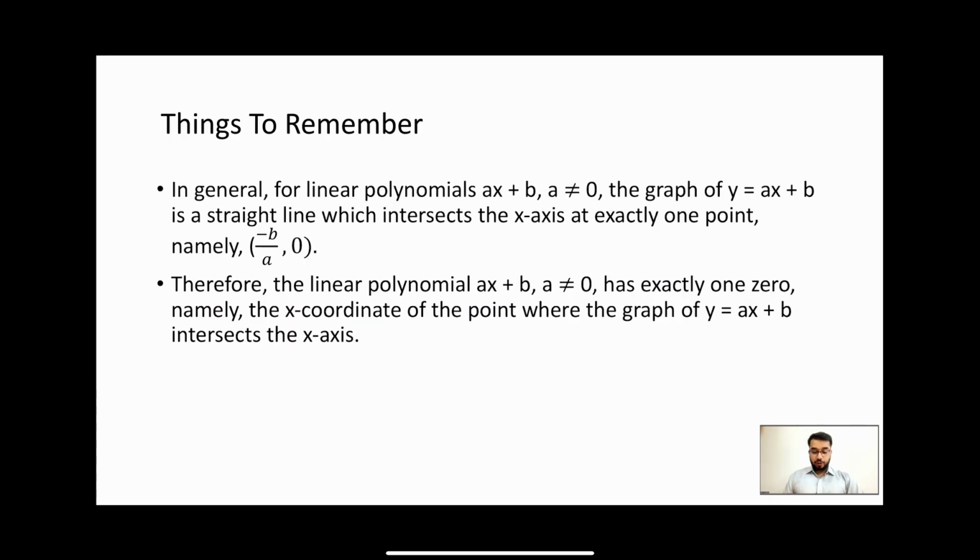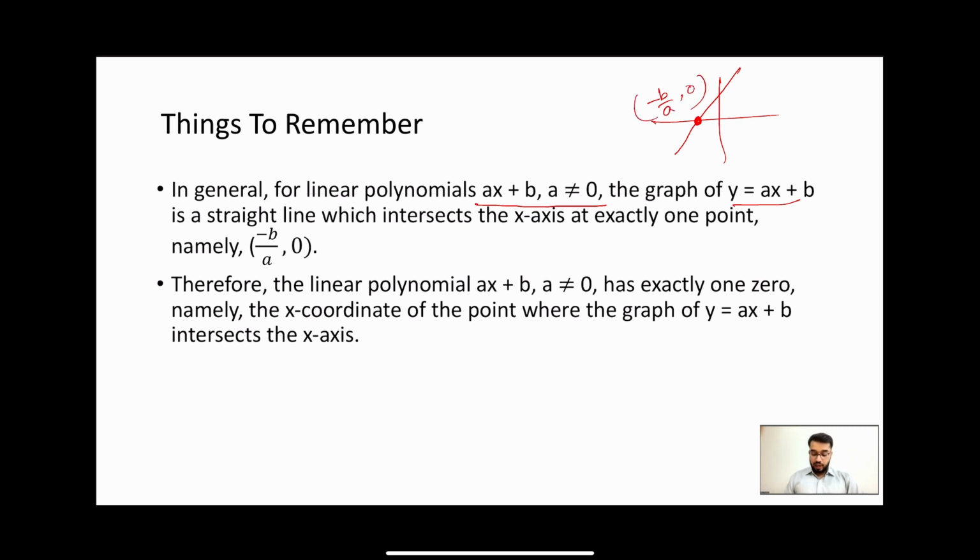So, zeros of a linear polynomial. Now these are just the things to remember. In general terms, for a linear polynomial ax plus b, the graph of y is equal to ax plus b is a straight line. We saw that the graph of 2x plus 3 was like this, which intersects the x-axis at exactly one point, namely minus b by a comma 0.